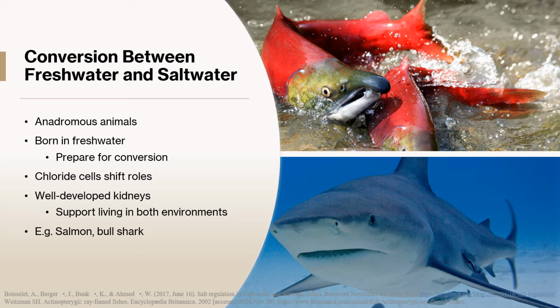For this conversion to occur, the adults will remain in an estuarial zone for a matter of days, where the changes are performed automatically. The bull shark is a species that also is able to swim between salt and fresh water. However, their process of osmoregulation differs from the salmon. These sharks are able to convert ammonia to urea efficiently and will retain the urea in the bloodstream.